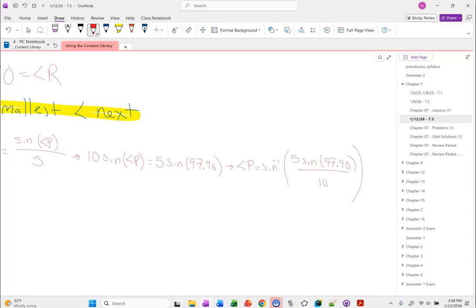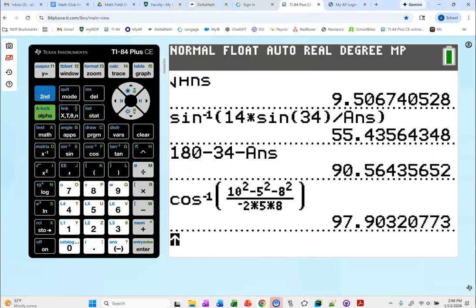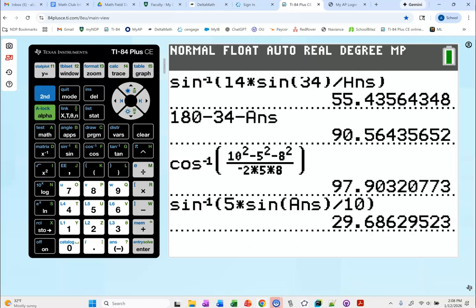At this point, it's calculator time. Sine inverse, 5 times sine of that previous answer divided by 10. So I get 29.69.